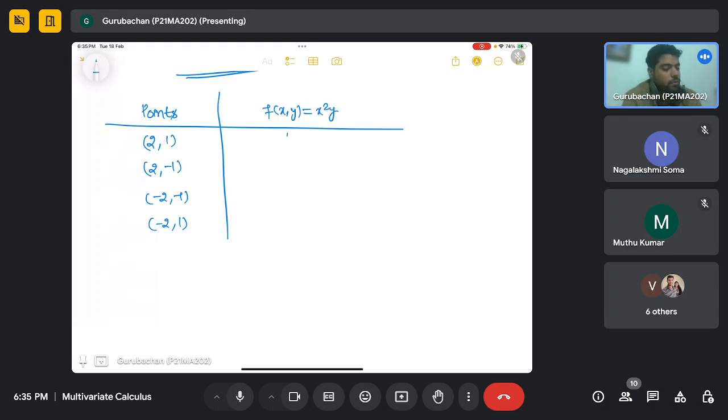So this will give you 4, this will give you minus 4, this will give you again minus 4, and this will give you 4. So what is the maximum value? The maximum of our function f(x,y) is 4, while the minimum of f(x,y) is minus 4.